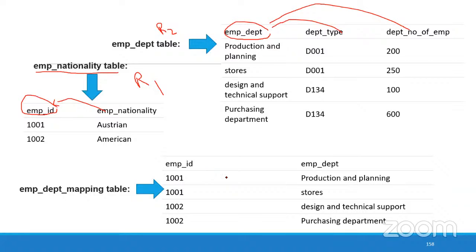So this is the mapping table. To avoid data redundancy we use this mapping table. Whenever you want, you can map based on the employee ID with the first relation and employee department with the second relation. We know this constraint is used to link tables using a foreign key constraint.